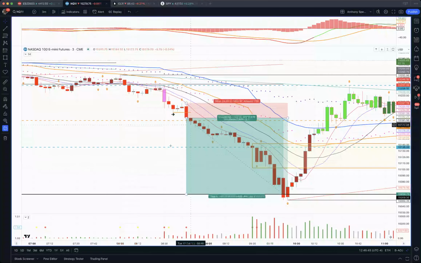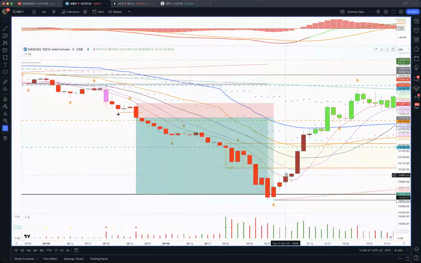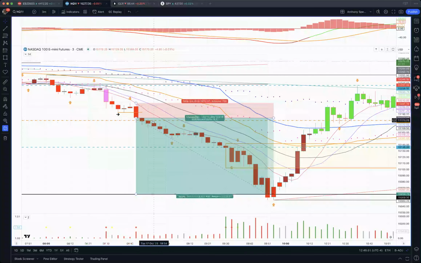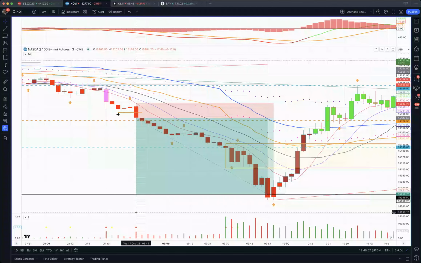Guys, if you're not taking trades like this, if your chart doesn't look like this, if you're not set up like this to be able to identify when something like this happens, let me do the hard work for you. Okay, that's what I'm here to do. I will do the hard work. I will set up the chart. I will do the analysis. I will interpret the analysis. I will tell you what I think, when, where, and why.